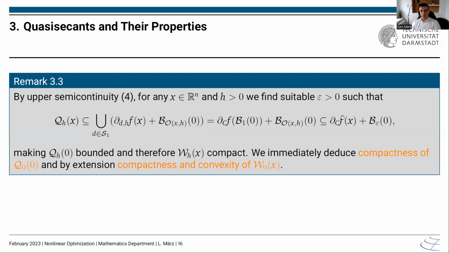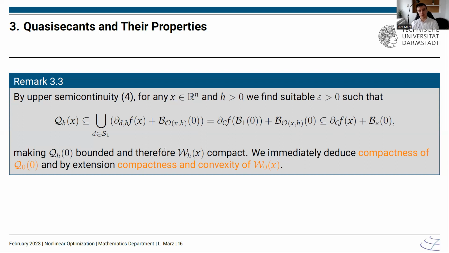By reminding ourselves that the Clarke subdifferential is bounded, we also get that Qh(x) is bounded, and therefore Wh(x) is compact because it was the closed convex hull.